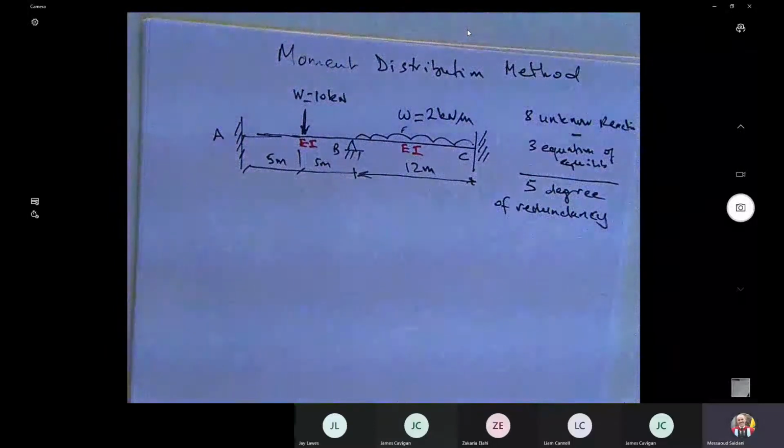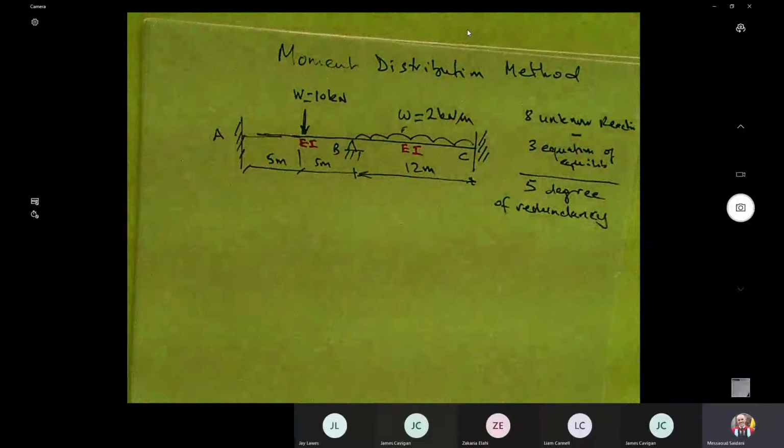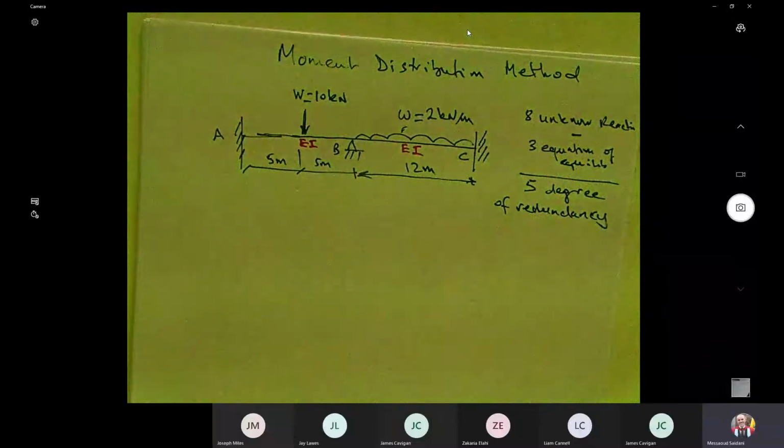Is it clear, please? Yes? So all you have to do, if you have a 3-span beam or a frame or whatever, is always count how many reactions you have, and then minus the 3 equations of equilibrium. It's very simple. That will tell you the degree of redundancy, meaning how complex it will be for the beam to be solved by hand. So the higher this number, the more complex the structure.